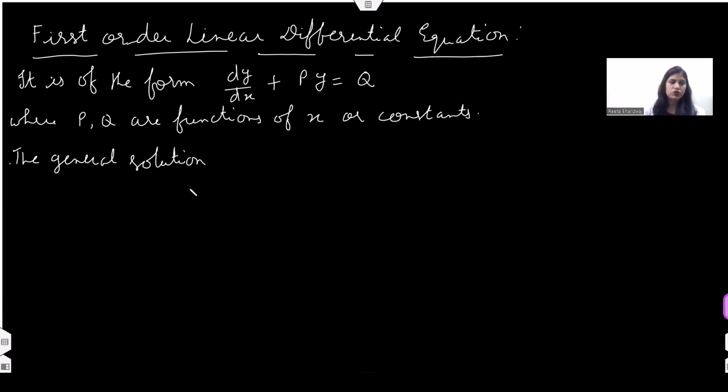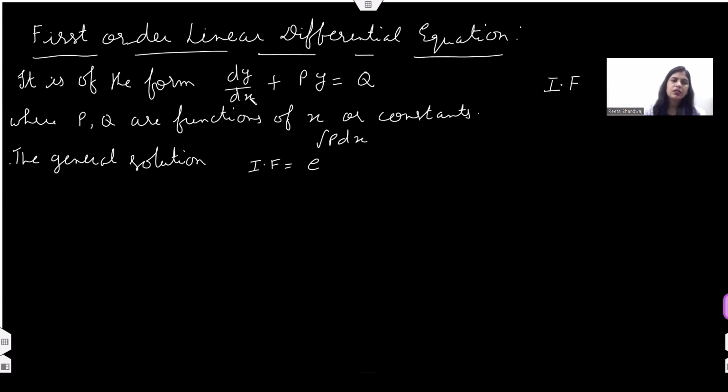The general solution of this type of differential equation is obtained by multiplying the equation with a factor. That factor is known as the integrating factor. So what happens when we multiply this equation with the integrating factor, say e raised to power integration p dx?